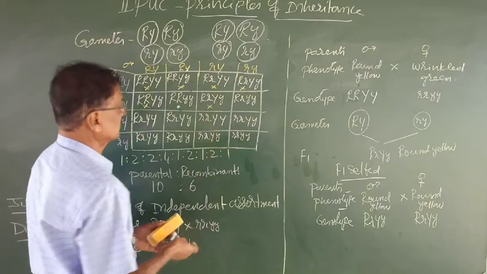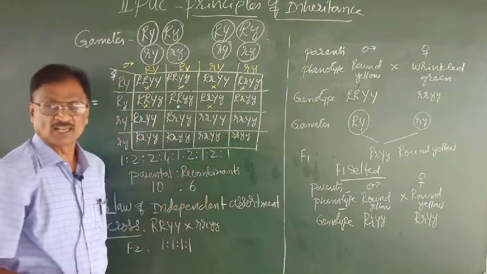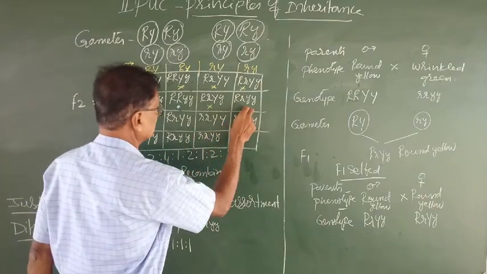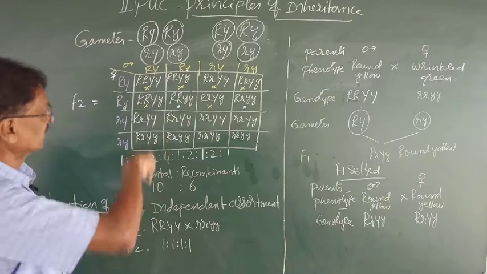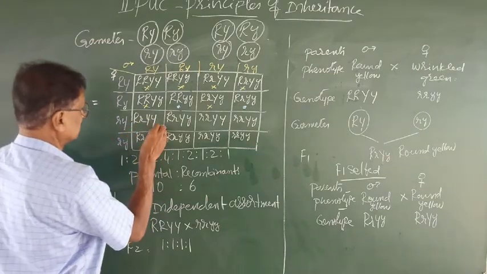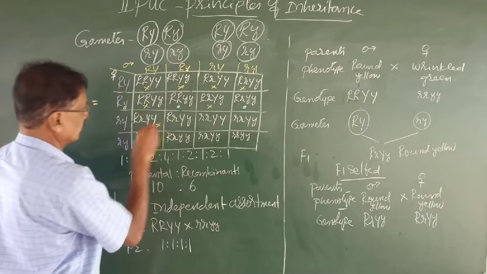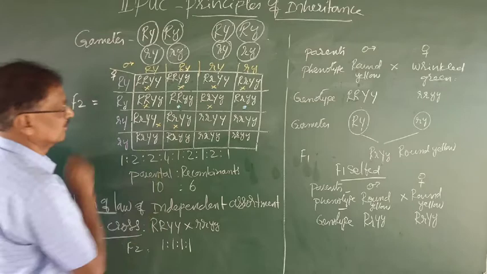And then this one, capital R, round, but both are small y, hence it is round green. That one is recombinant. This is round yellow. This one is also round yellow.